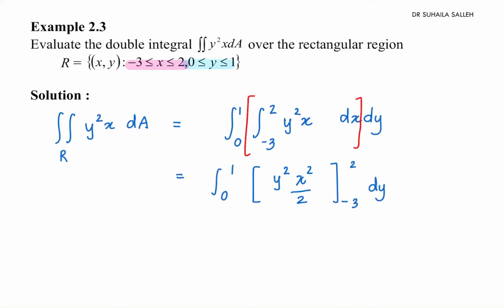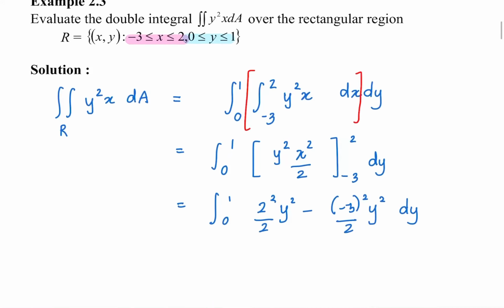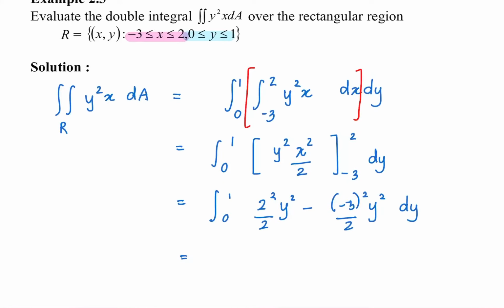So let's insert the values there. We insert 2 and minus 3 into x. So here I have 2 squared over 2 times y squared, take away minus 3 squared over 2 y squared. Simplifying, this is going to be equal to minus 5 over 2 y squared dy.